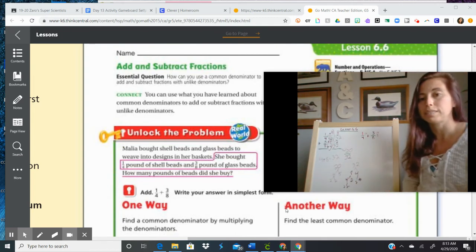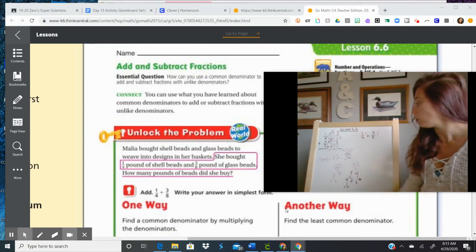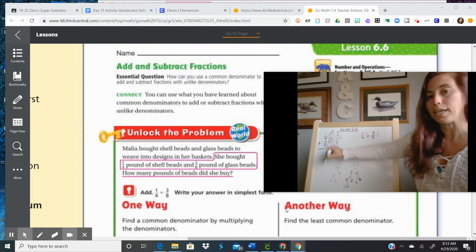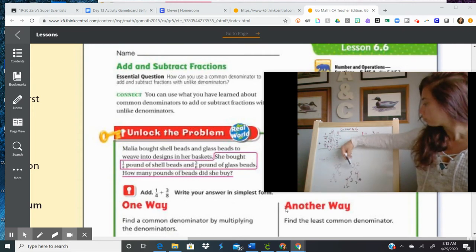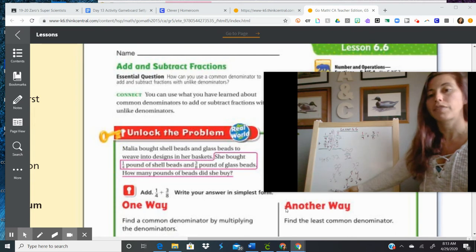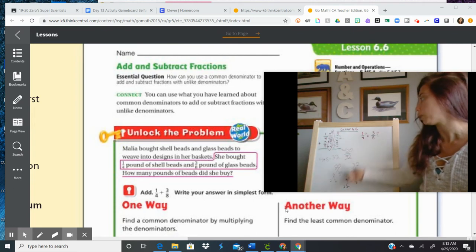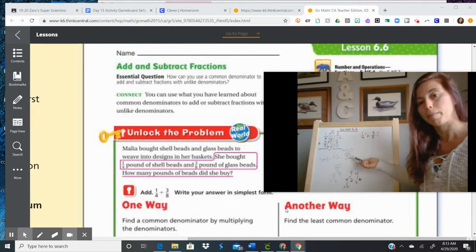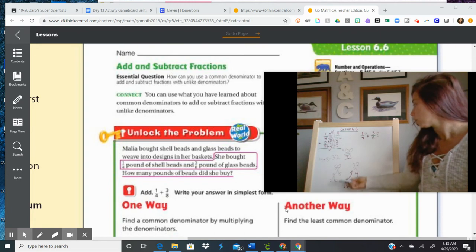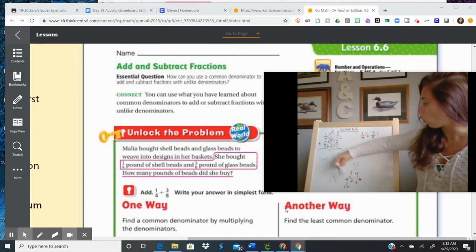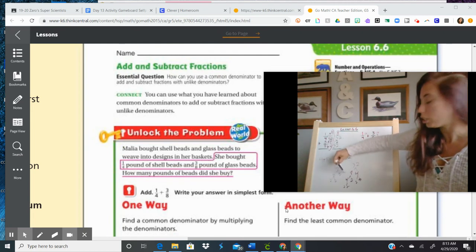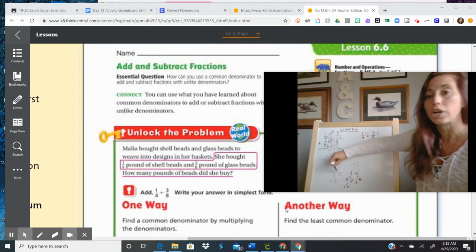When you're trying to find the simplest form, you're looking for the largest number that you can divide by. So 2 is not the largest number. It's the smallest number we could divide both our numerator and denominator by. So let's look at the next number. The next number they have in common is 4. And any numbers larger than that, we would have 8 and 5, but they aren't in common.